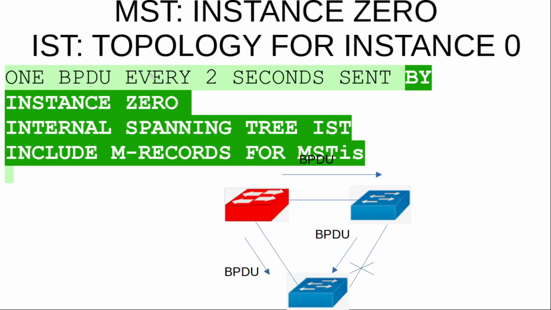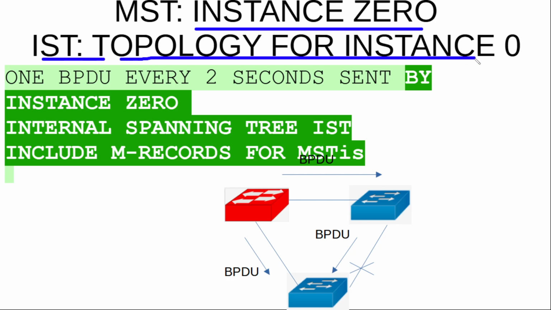Now just another note about instance 0. Instance 0 creates 1 topology that is known as IST, internal spanning tree topology. So this IST is the topology for the instance 0.